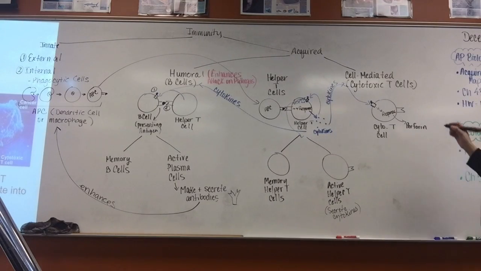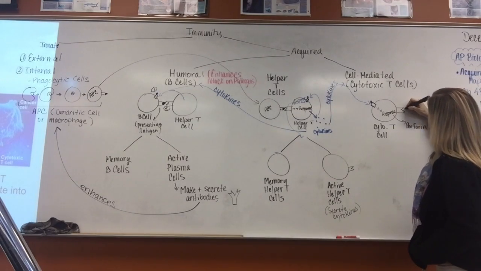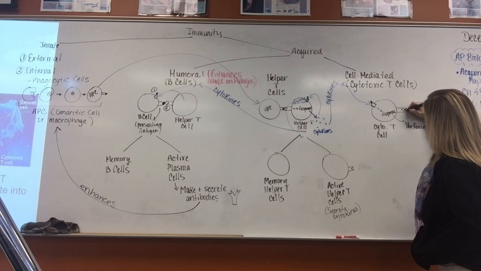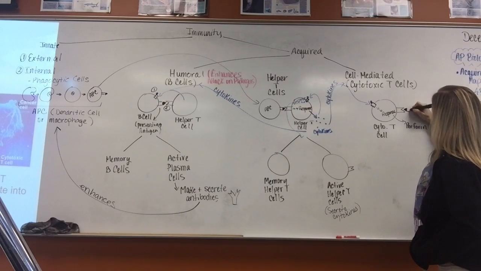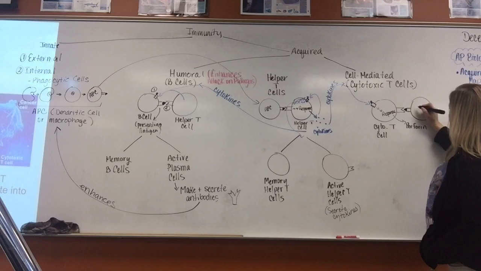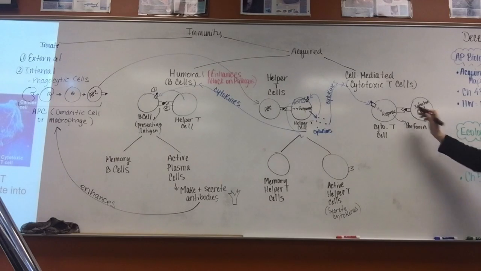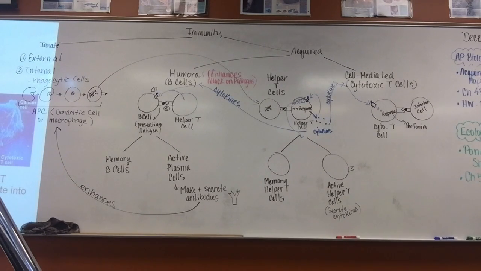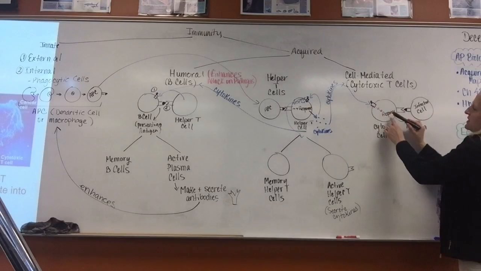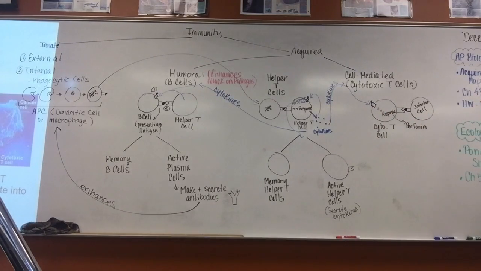The second thing that has to happen is that the infected cell binds here. So here's your infected cell, displaying the antigen of the pathogen that infected it. Those two things in conjunction trigger the release of the perforin.